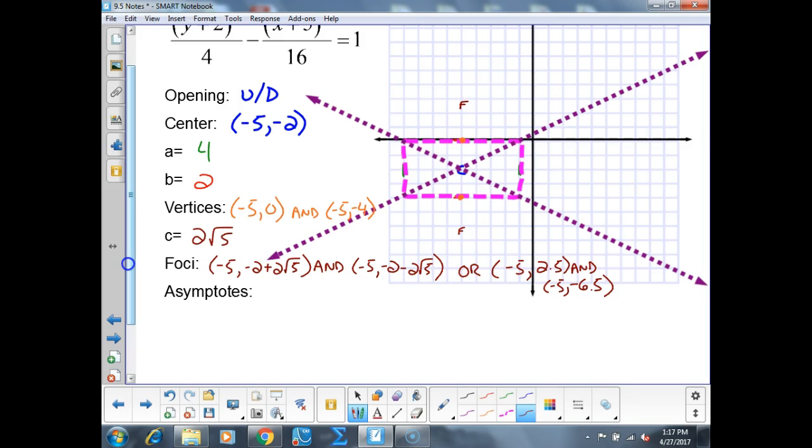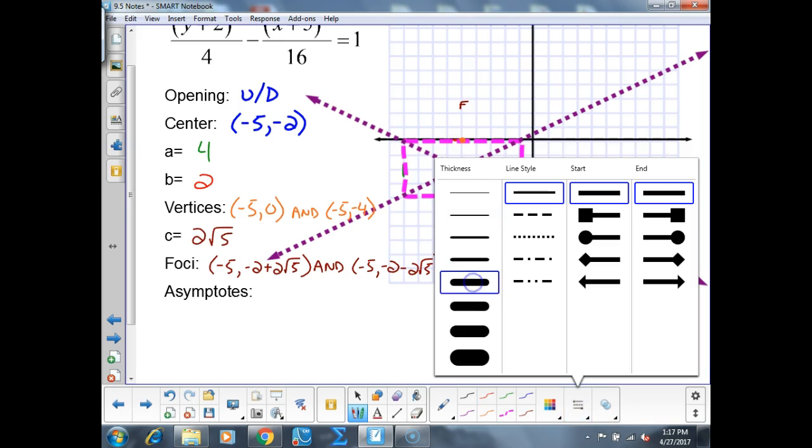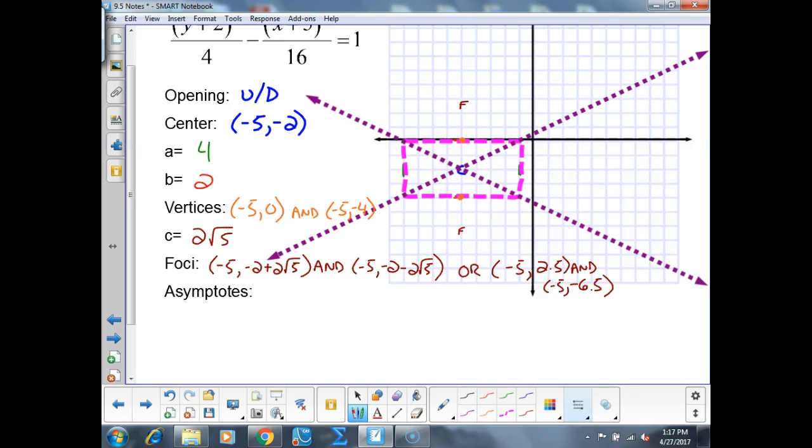Now, I get the 2 times square root of 5 part, but what's with that subtract negative 2 plus? Because the distance C is the distance from the center to the foci. So you have to start at the center and then go down in this case. Okay, so you say center, for your foci. Yeah.